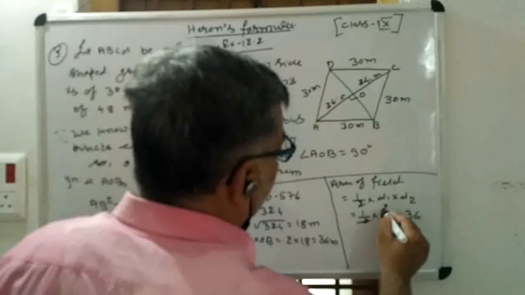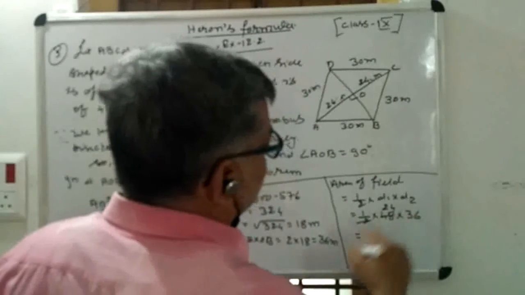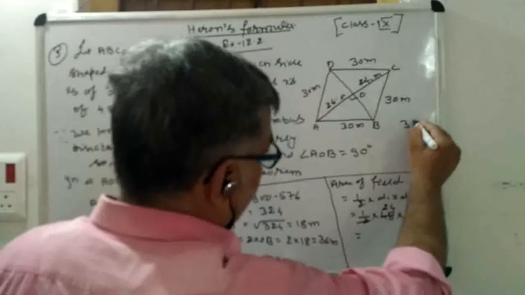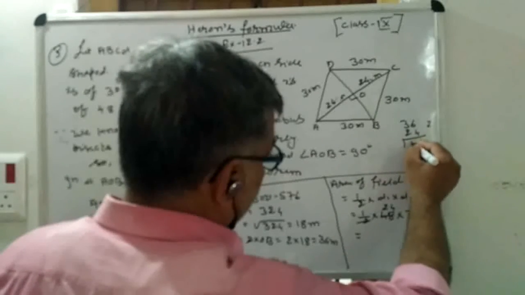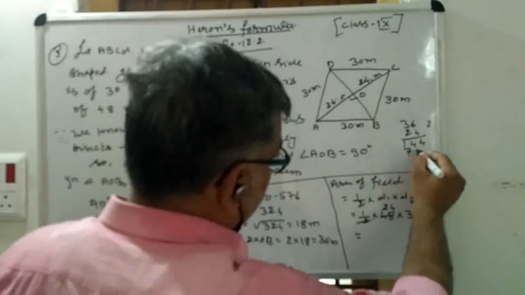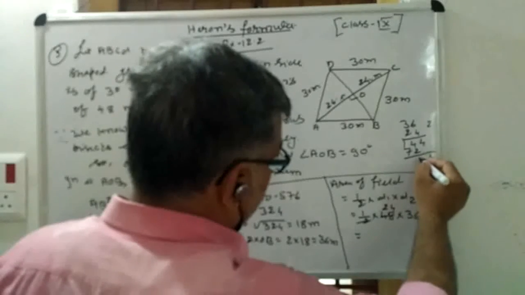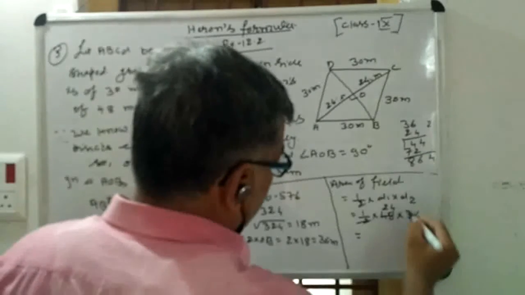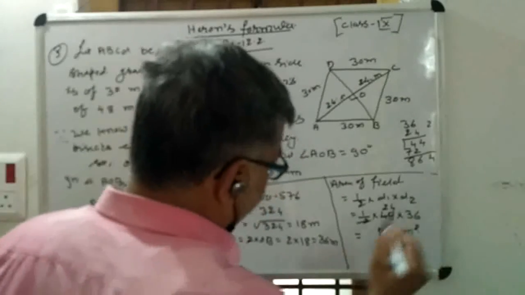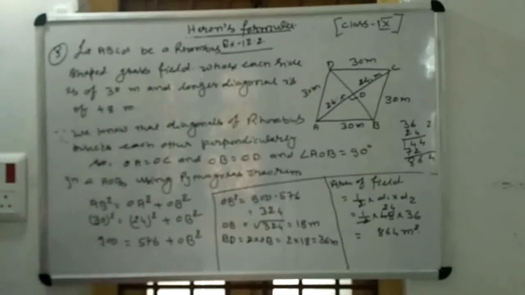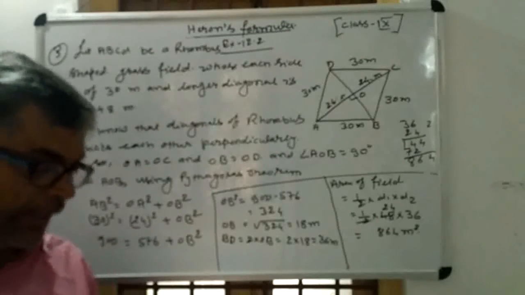So 24 times 36, that is 864 meter square. This is the area of the grass field on which 18 cows have to graze.